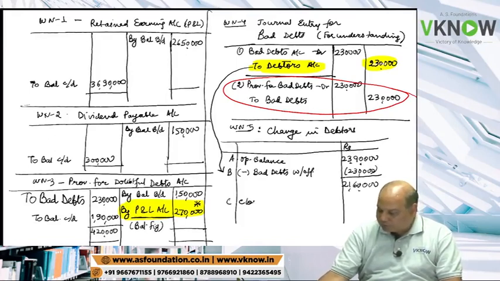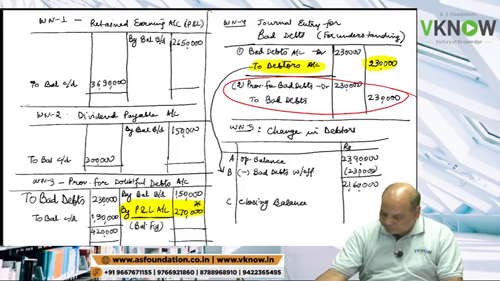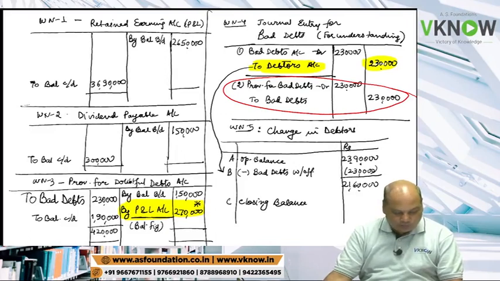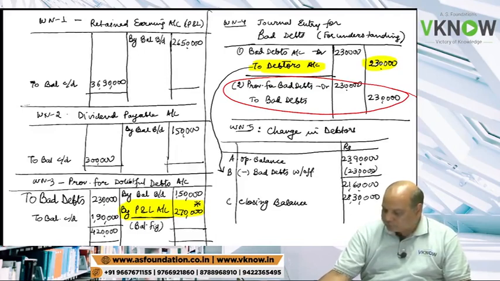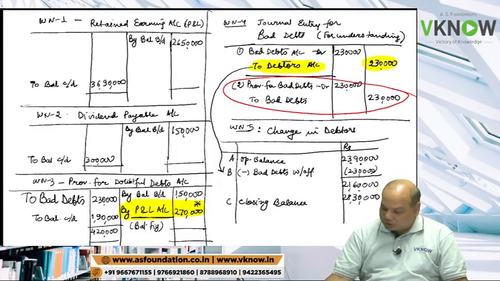Point C, closing balance. Closing balance of debtor in the question is 28 lakh 30,000, and therefore point number D, increase.